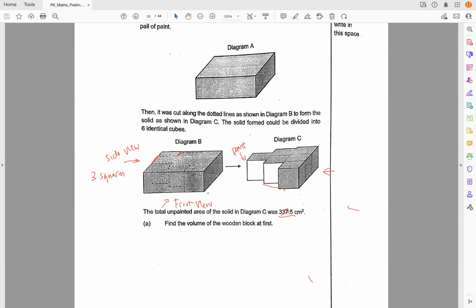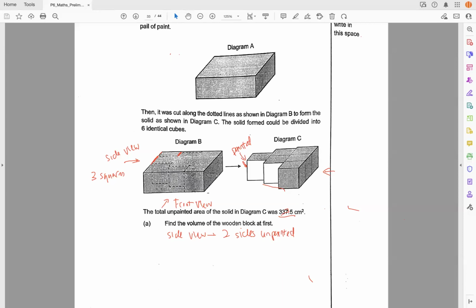So for the unpainted side view, you have 2 squares unpainted. Because on the side view there are 3 faces, and we know that this face is painted. 3 minus 1, there are 2 squares unpainted.